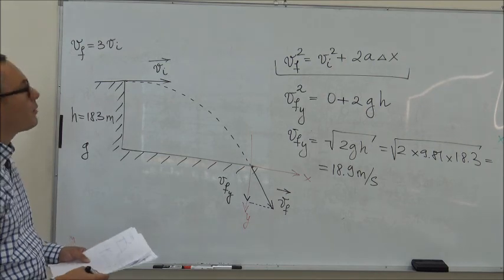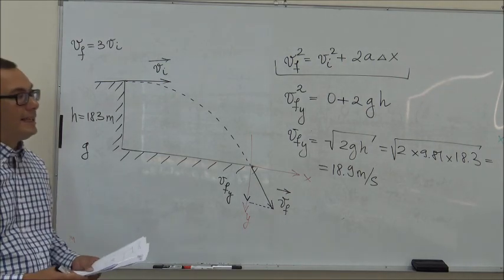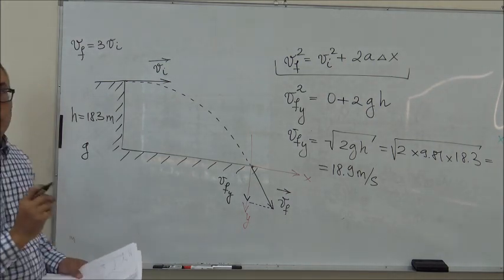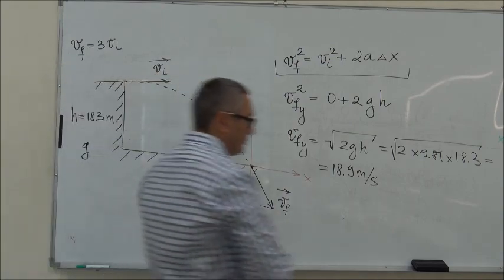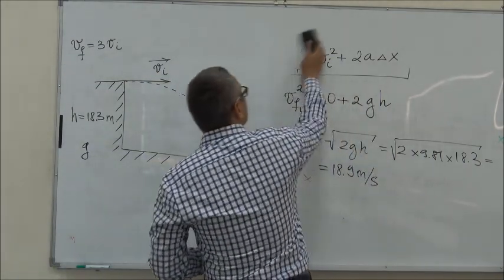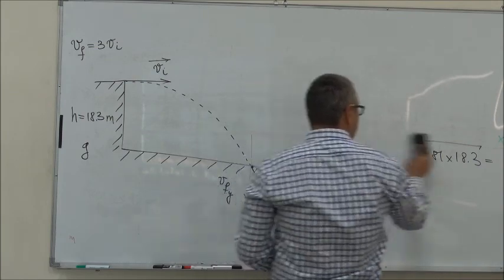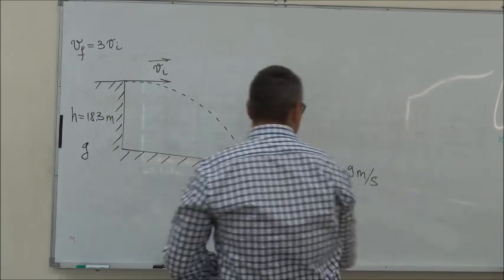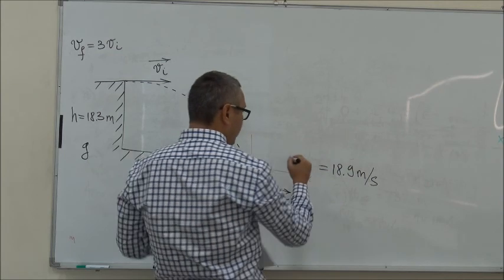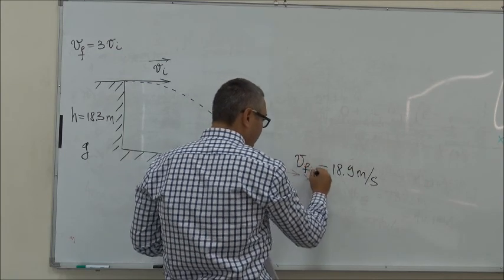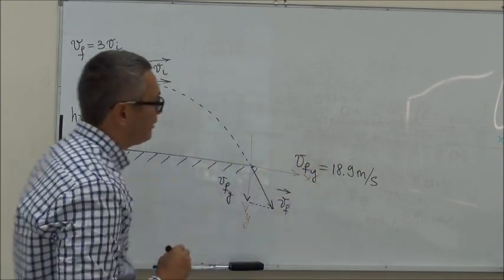In part B of the question, we need to find the initial velocity of the ball. So we're going to need this. So let's say that this is our V final y.